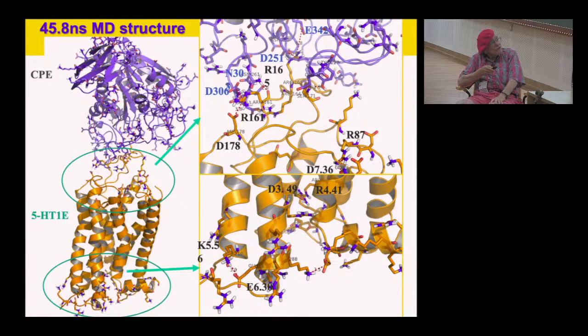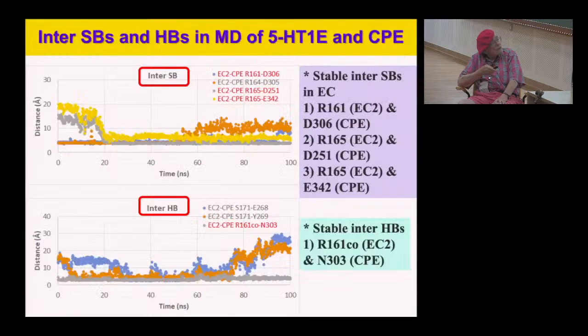for the serotonin receptor after we finish. There's a lot of interaction between the extracellular loops and this protein. The experiments had shown that of this 450-residue protein, the CPE protein, only residues 150 to 300 were sufficient to do the beta-arrestin activation.